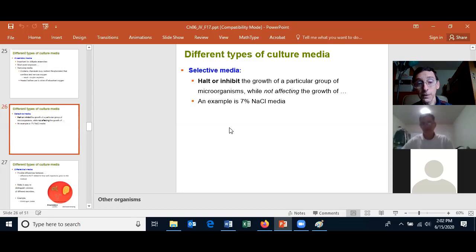But halophiles, organisms that like sodium chloride, halo, salt, and then phile, lover, so a halophile is a salt lover, can grow on a 7% sodium chloride plate. So that's a selective media. And if you don't know, the microorganisms growing on your skin can grow on a 7% sodium chloride plate because the microorganisms growing on your skin are halophiles.